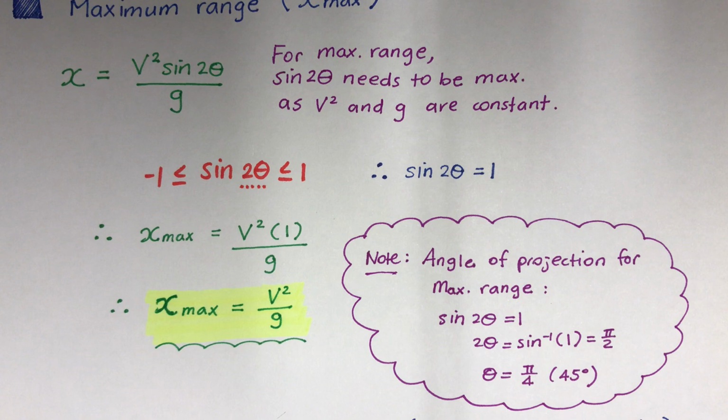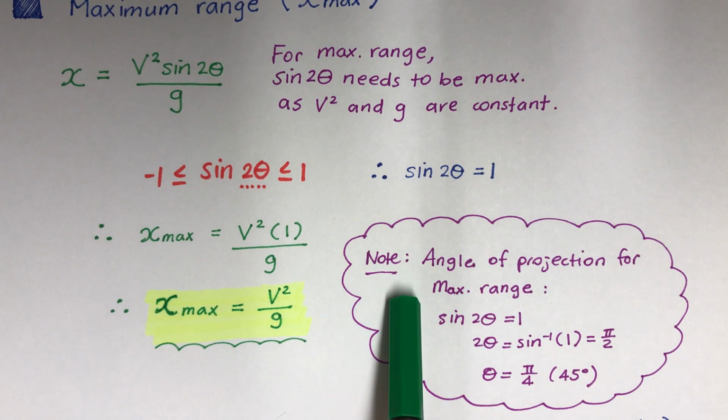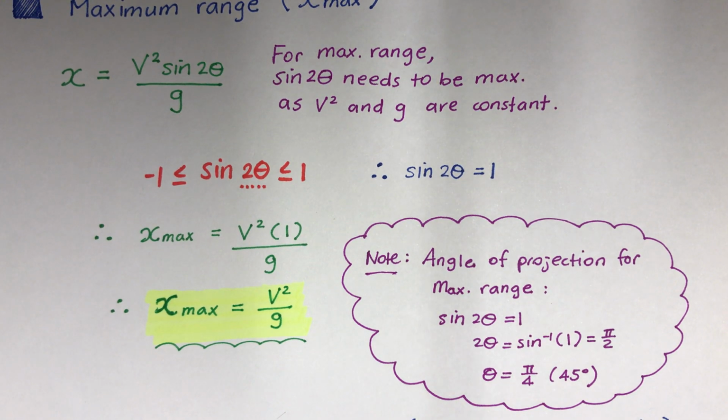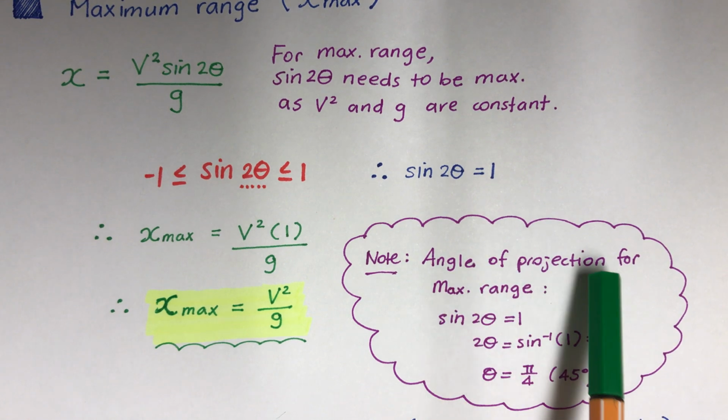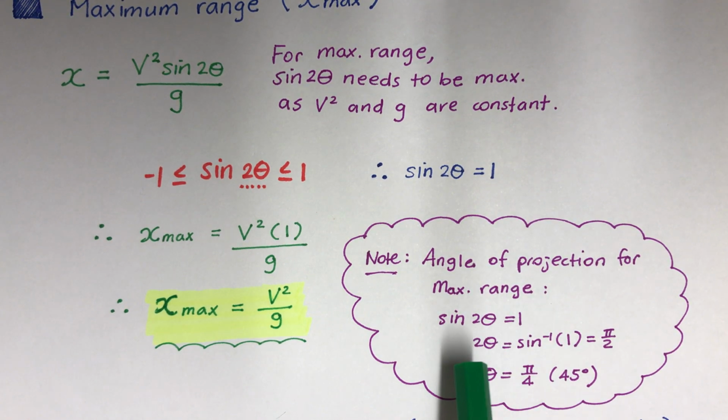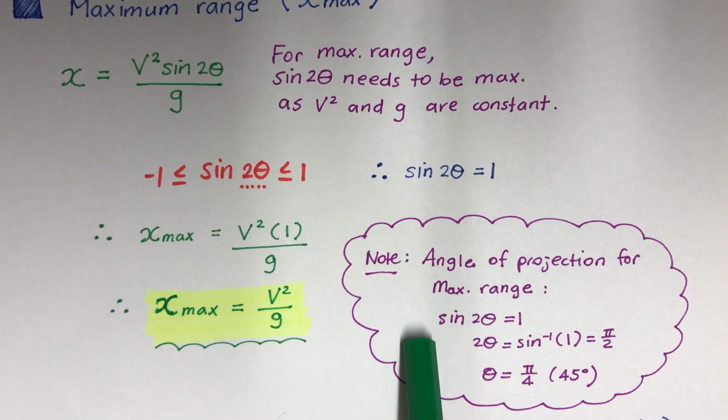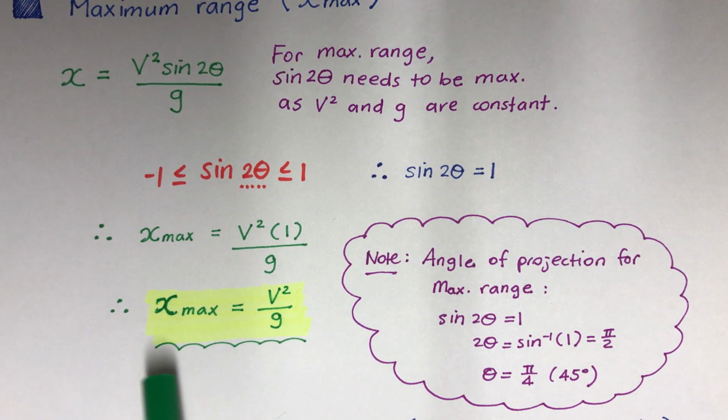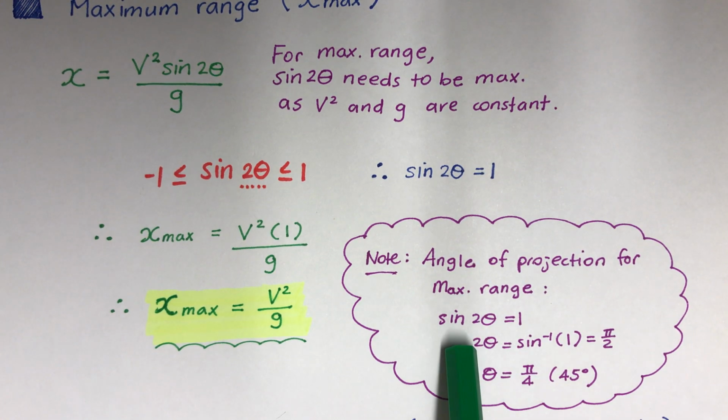We have no control of how hard we can throw, but we can aim for how far we throw, depending on the angle of projection. So sine 2 theta equal to 1 is a maximum, giving us the maximum range, the furthest throw you can do. For that, we need theta equals pi over 4, which is 45 degrees. So if you aim for 45 degrees, the object will go furthest.